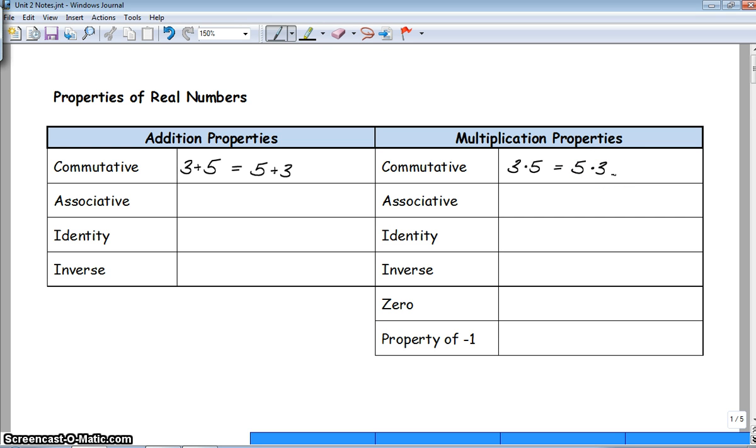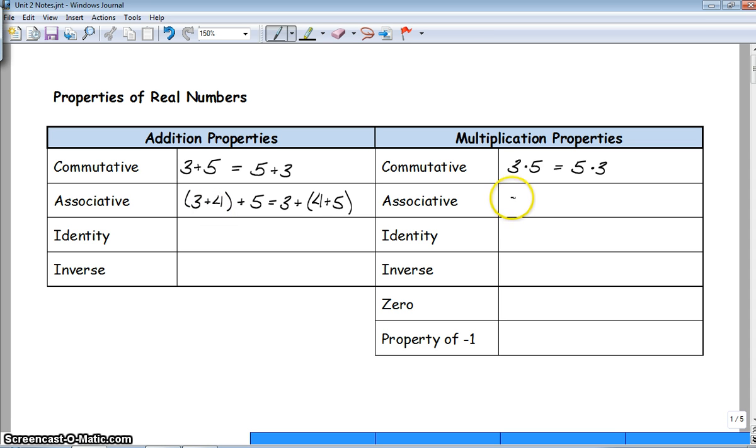Associative property just tells us we can change our association or start combining different numbers. So if we have 3 plus 4 with parentheses plus 5 at the end, that'll get us the same answer as if we had 3 plus in parentheses 4 plus 5, in which case we'd simplify the 4 plus 5 first instead of the 3 plus 4.